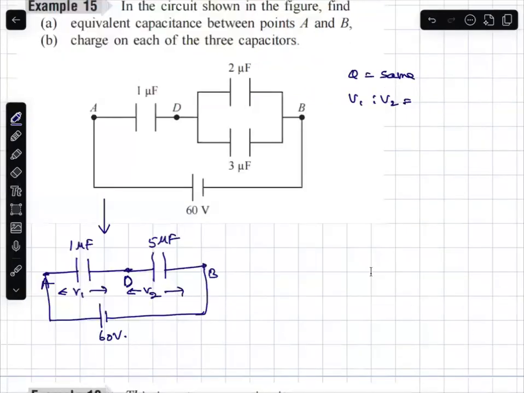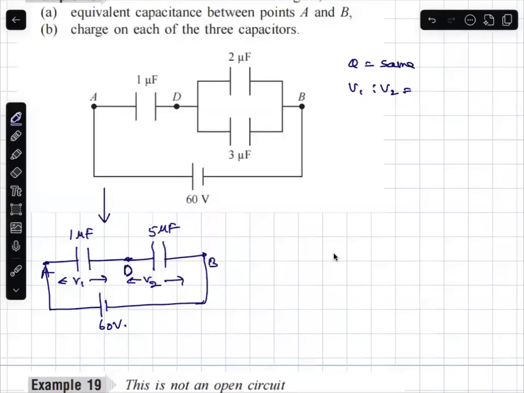In this case, this will become an equivalent circuit. In this particular question, this is how I have modified the parallel part to a single 5 microfarad capacitor. Now this is your regular circuit.